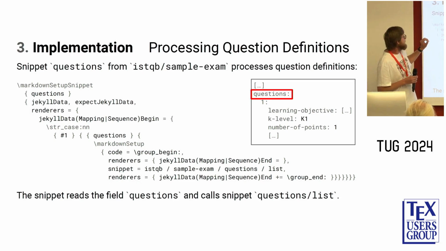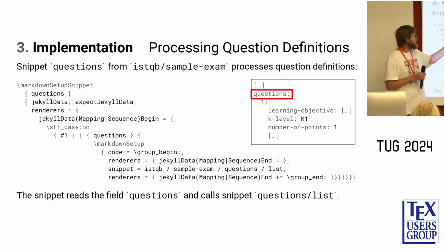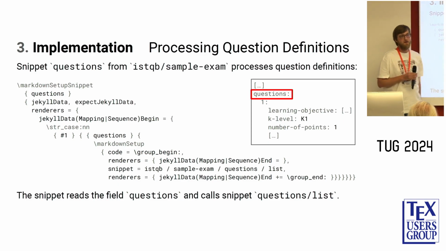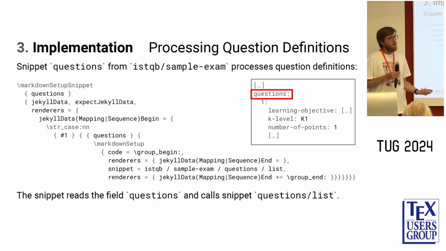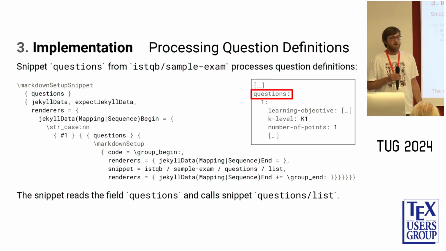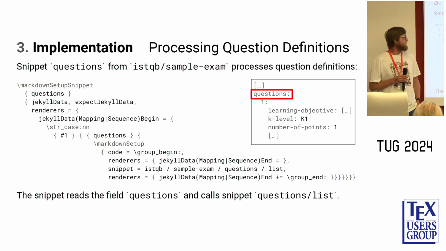So this is how the snippet questions is defined. The snippet enables the processing of YAML files because it's a Markdown package. Usually when I say Markdown input, it expects that it receives a Markdown file, but Markdown files tend to have YAML metadata, so sort of naturally it's also able to process YAML files.